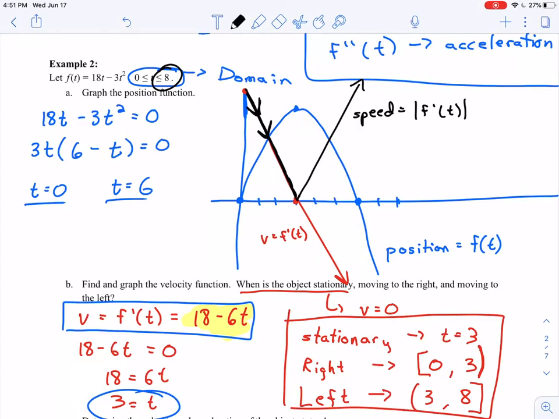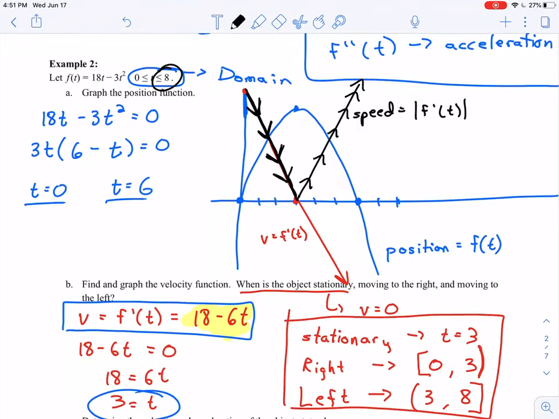Time only moves in a forward direction, assuming we don't have a time machine. So if I start positive and end up at 0, I'm slowing down over time. Over here, I start off at 0, I rebound, and go up and up and up. My speed is increasing right here.